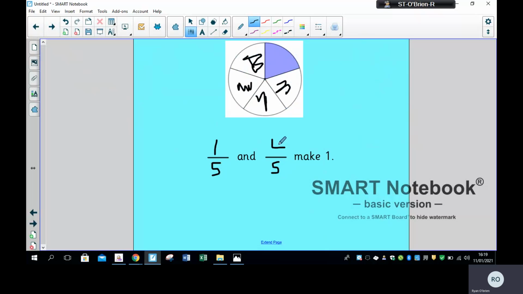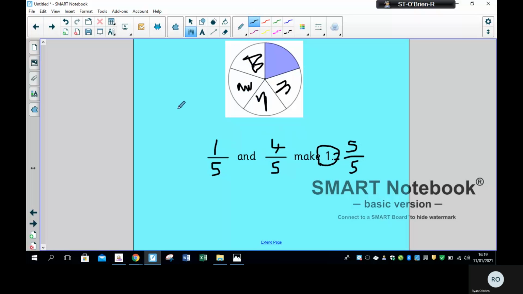So I need 4/5 more. 1/5 add 4/5 equals 5/5, which is the same as 1 whole. If we check it, 1 add 4 equals 5, and the denominator stays the same when we are adding. So 1/5 add 4/5 equals 5/5, which is a whole, isn't it?